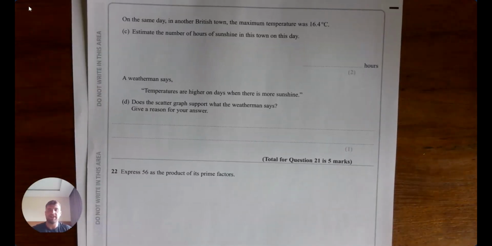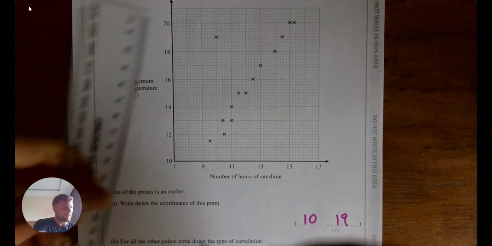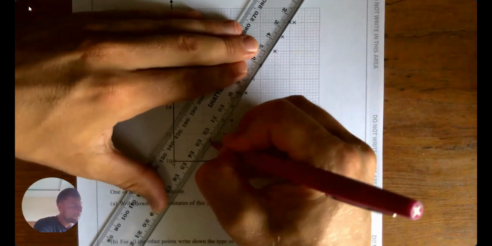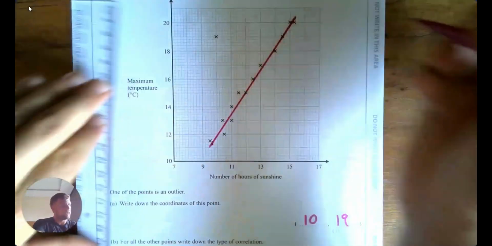Okay, then there's a second part to this. So it says, on the same day in another British town, the maximum temperature was 16.4 degrees. Estimate the number of hours of sunshine in the town on this day. So what we have to do for this is go back to our scatter graph and draw a line of best fit, which is roughly going to go through the middle of these points as possible.